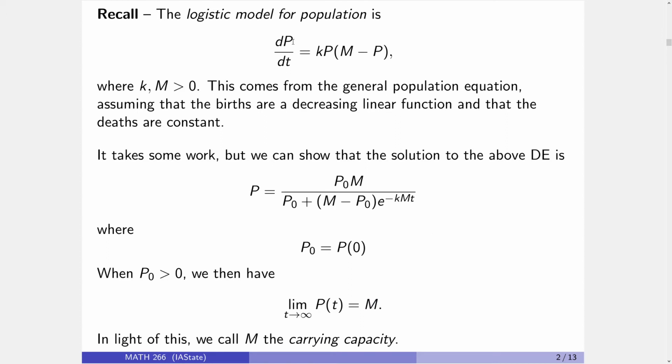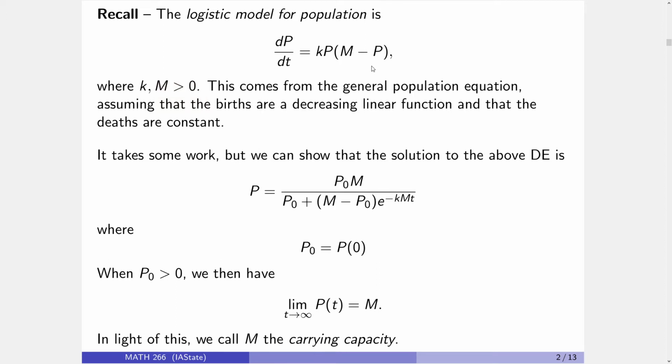As a model for population, the logistic model is one that is gone to for quite a few different situations, especially when you've got a population you know should be settling down to a specific value, and the specific value m here is a positive number.